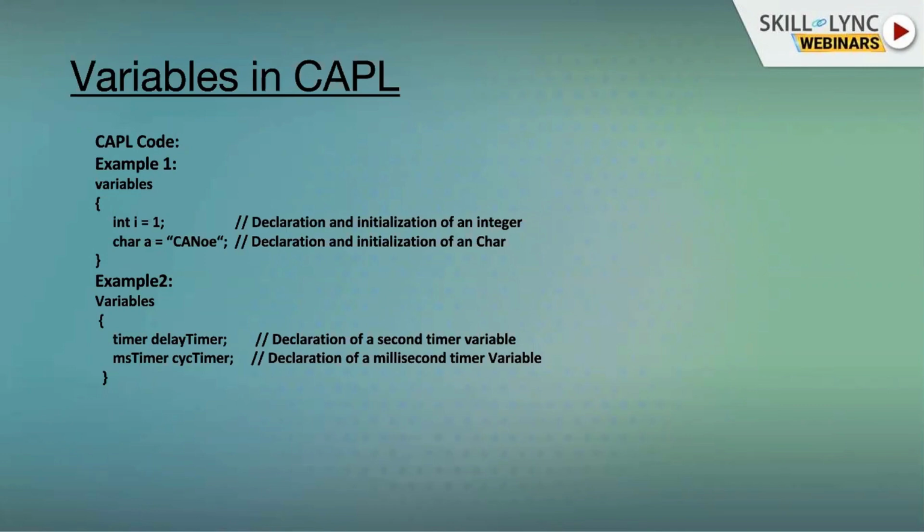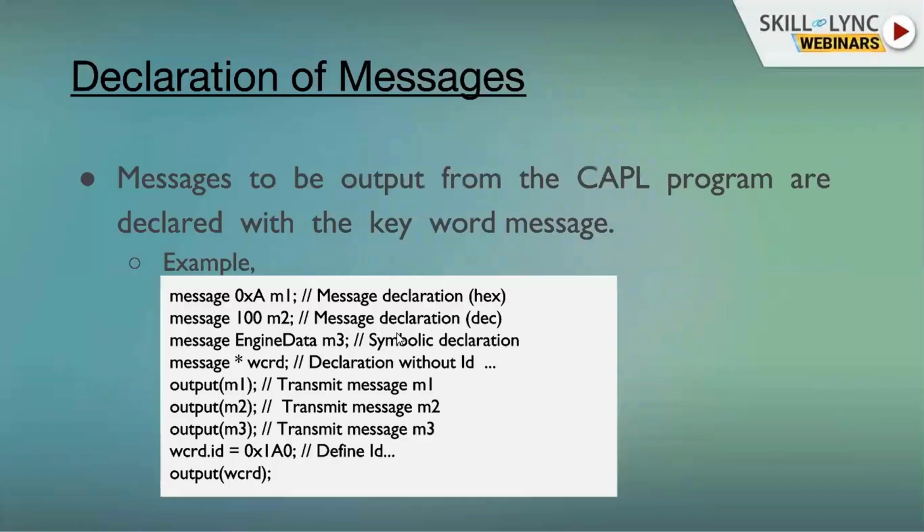Then ms timer is declared as cyclic timer. Timer is the second-based timer variable, and ms timer is the millisecond timer variable. Whenever you use timer, it calculates in seconds; whenever you use ms timer, it calculates in milliseconds. So we have seen how to declare the timer variable and the normal C variables.